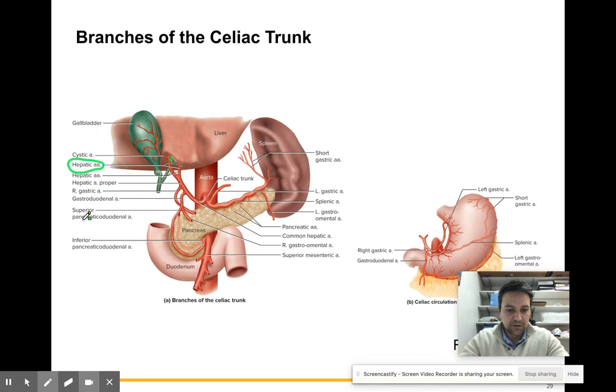You want to know the splenic artery, this nice big one right here. And you want to know the common hepatic artery, which is going to be right here. That's the artery that comes off of the aorta and eventually goes up to the liver as the hepatic artery. So the common hepatic artery goes right up there into the liver.